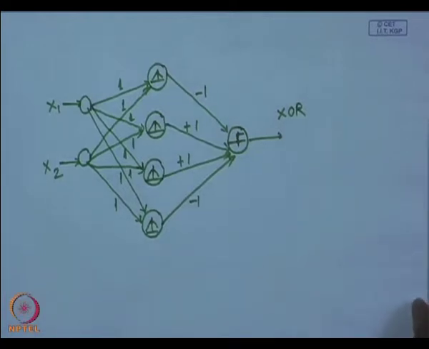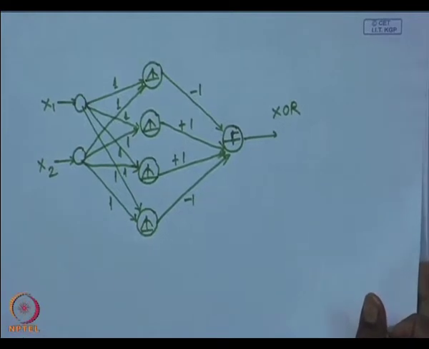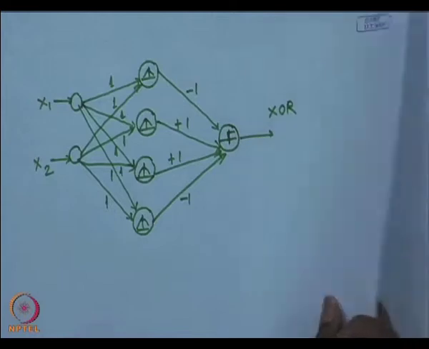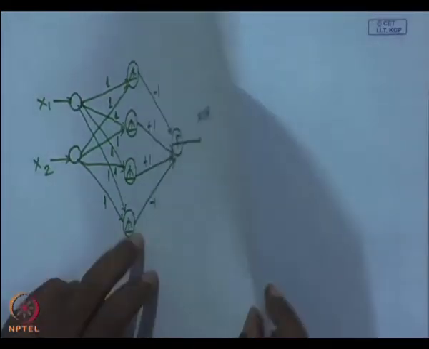Okay. So, now let us theoretically try to find out an expression for the training of the output layer, or how do I find out these connection weights. So, in general, I have a network something like this.